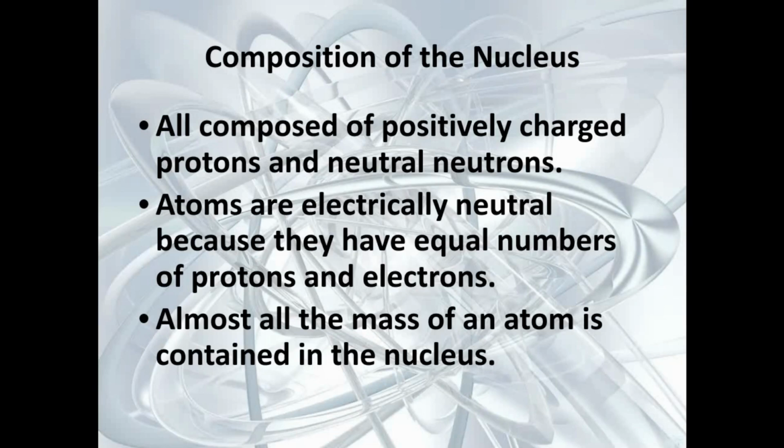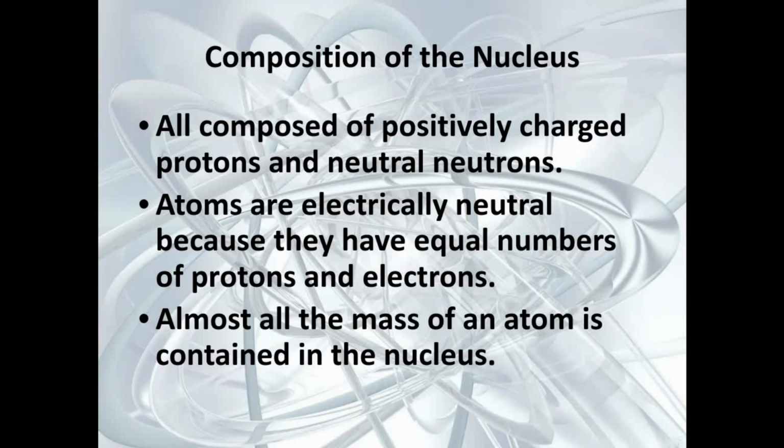So the nucleus is made up of the protons and the neutrons. The nucleus has an overall positive charge because of the protons. The atoms are going to have an overall neutral charge because the protons and the electrons will cancel each other out.